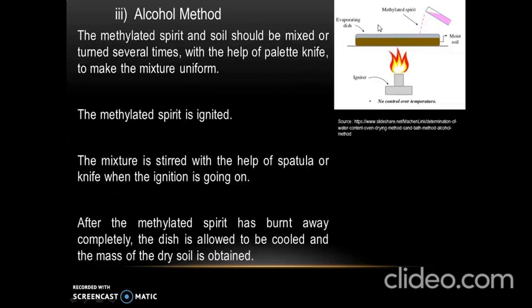Later on, the mixture has to be turned several times with the help of a palette knife to get a uniform mixture. The mixture has to be stirred with the knife while the ignition is going on. After the methylated spirit has burnt away completely, the dish is allowed to cool and the mass of dry soil which is left has to be obtained.